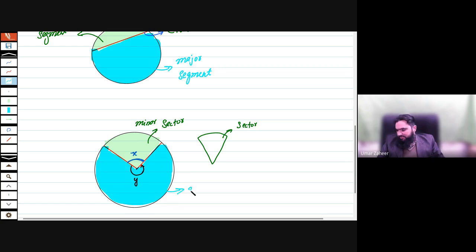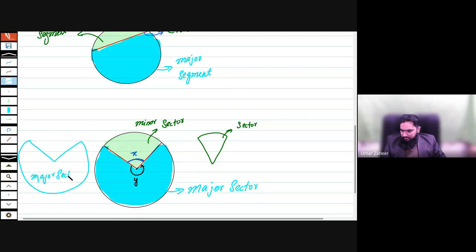So it is known as the major sector. Is everyone clear? Means if I draw it here in a rough shape, it is going to look like this. Major sector. Yes, everyone, any question?